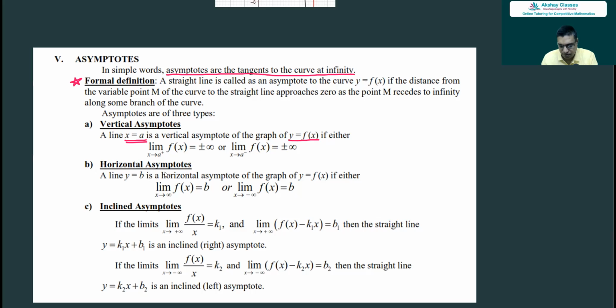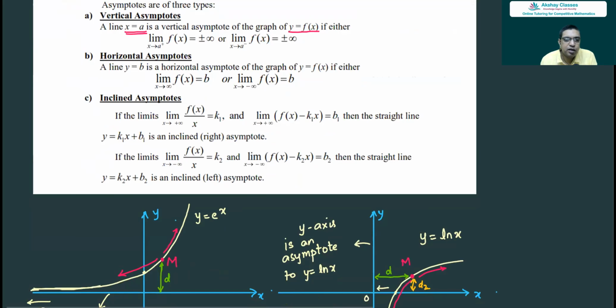In the vertical asymptote, x goes to a finite value and f of x goes to an infinite value. But in the case of a horizontal asymptote, x goes to either plus infinity or minus infinity, and the function approaches a constant value.